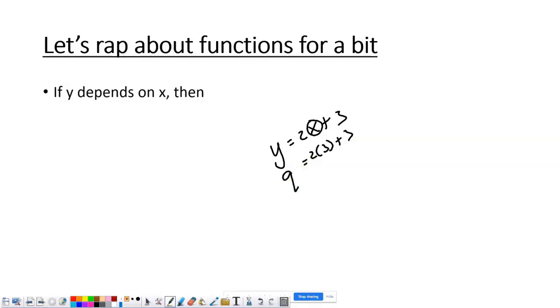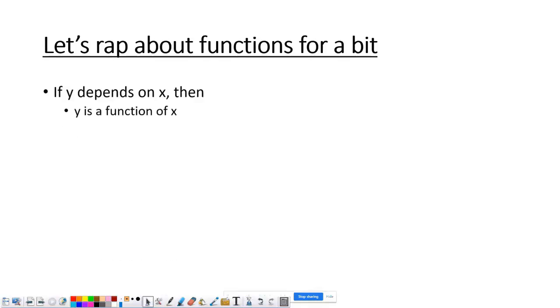So we get to randomly pick the x, which means we are free, or independent, to do whatever we want with the x. You could pick whatever you want for the x, but the y outcome depends on that. Whatever you pick for x is going to affect what you get for y. So we say in that case that y depends on x.